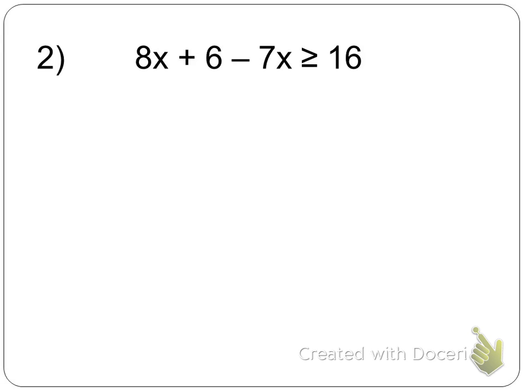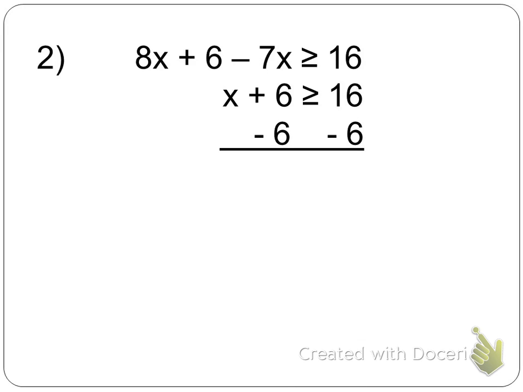Okay, there's 2 spots where I see x's, but they're on the same side of the inequality symbol. So you can combine them. What is 8x minus 7x? 1x, good. Then you're going to subtract the 6. Do we need to flip the symbol? No. Nope. So x is greater than or equal to what? 10.